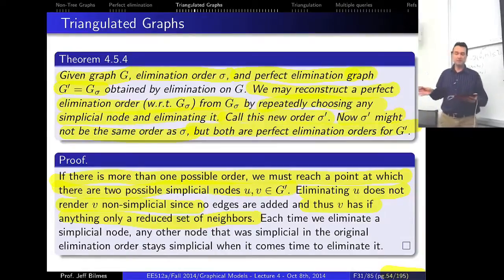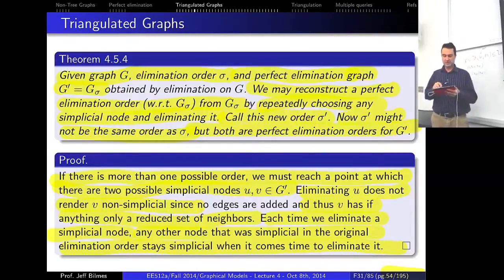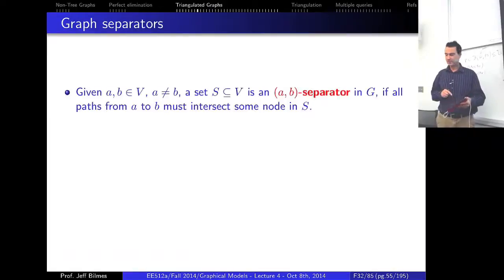So v remains simplicial. What this means is that each time we eliminate a simplicial node, any other node that was simplicial in the original elimination order stays simplicial in the new elimination order when it comes time to eliminate it. So both elimination orders work, and they're both perfect elimination orders.